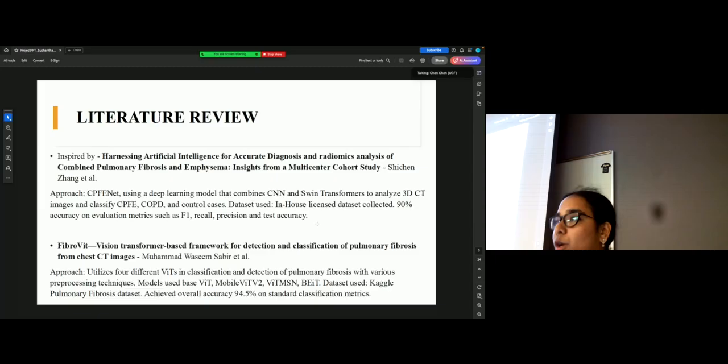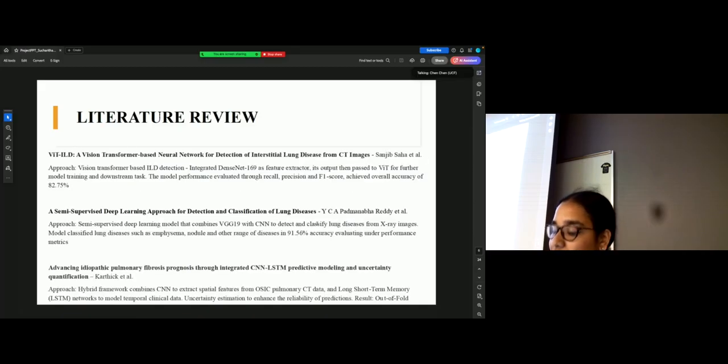Then FibroNet used 4 different ViT transformers to classify and detect fibrosis, only one pathology condition. They attained 94.5% accuracy. And ViT-ILD, where ILD is interstitial lung disease, covers all the diseases, not only fibrosis and emphysema, but also nodules and more.